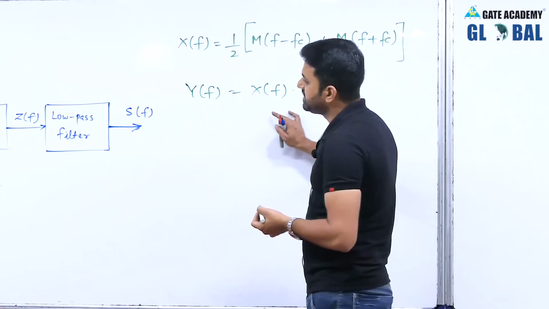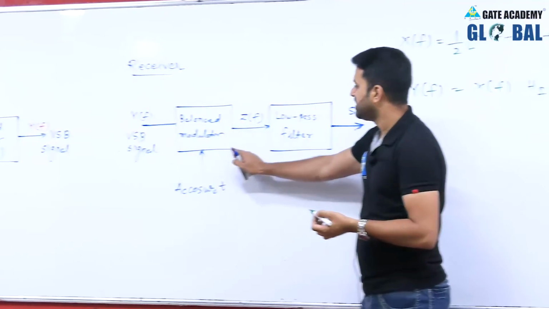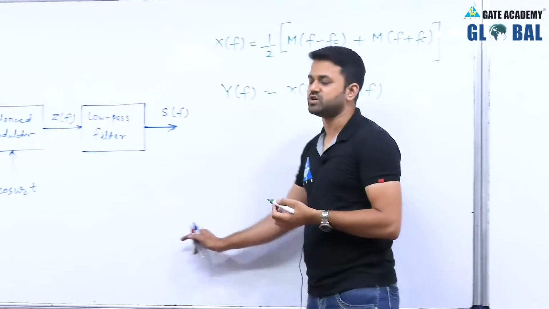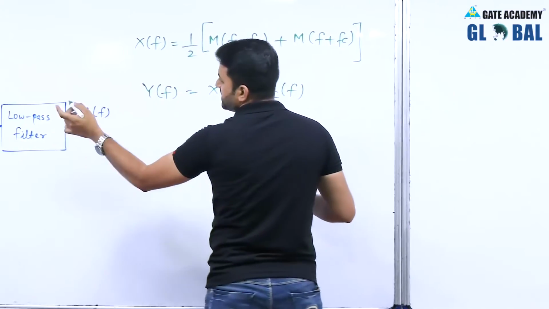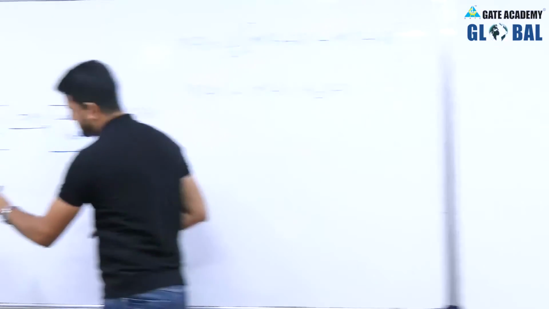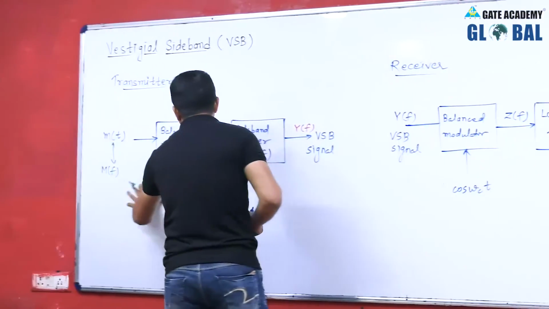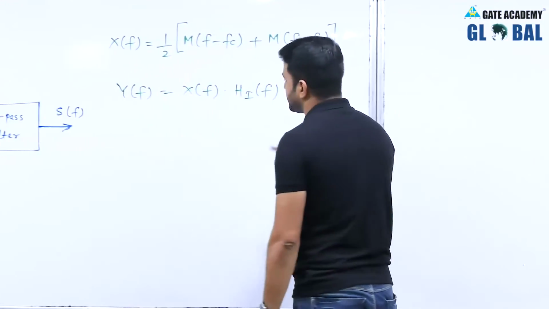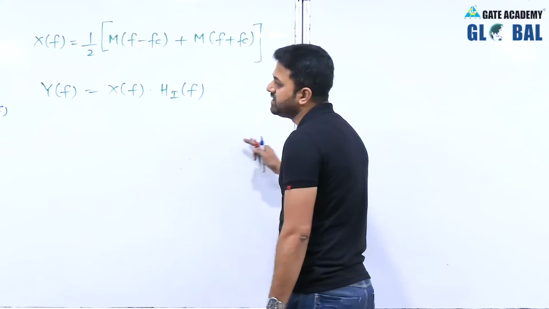Now this Y(f) is input to the balanced modulator, where we have the locally generated carrier Ac cos(ωc t). If I consider, suppose Ac is 1, so let's remove it. It will be easier to represent, that's why I am taking it as 1. You can consider it also, there will be no problem at all.